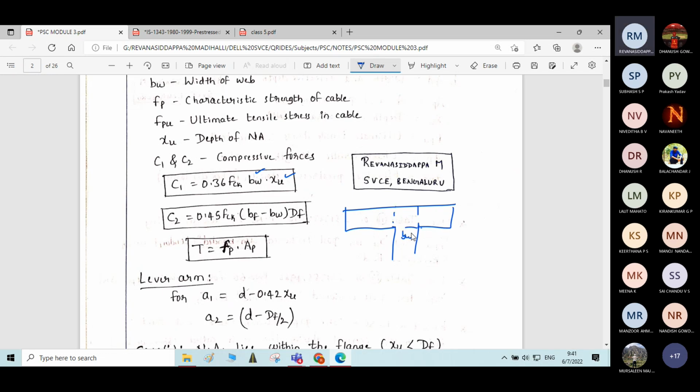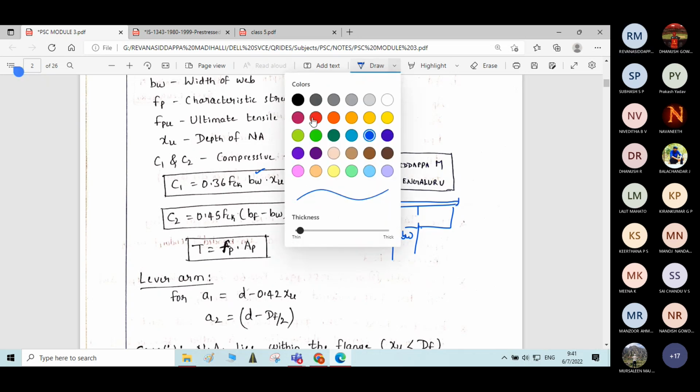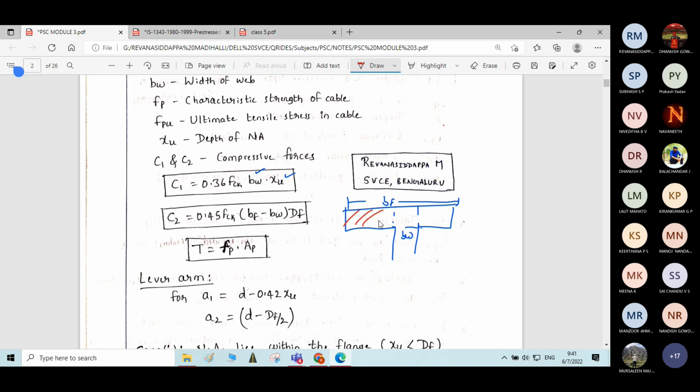So this is BW, this is BF, width of flange. BF minus BW will give area of this portion into DF, area of the shaded portion. 0.45 FCK is the stress and BF minus BW into DF is the area. Stress multiplied by area will give compressive force.